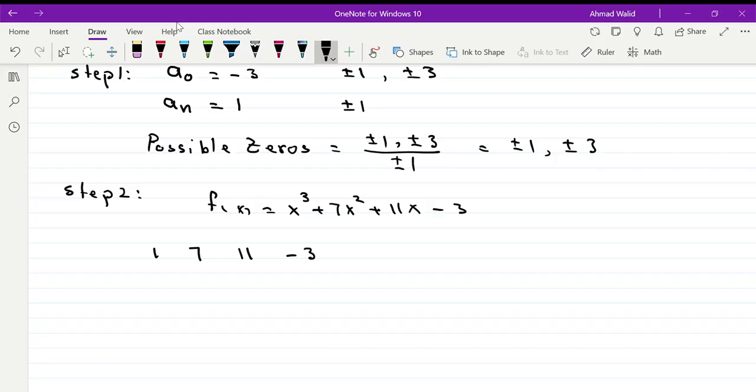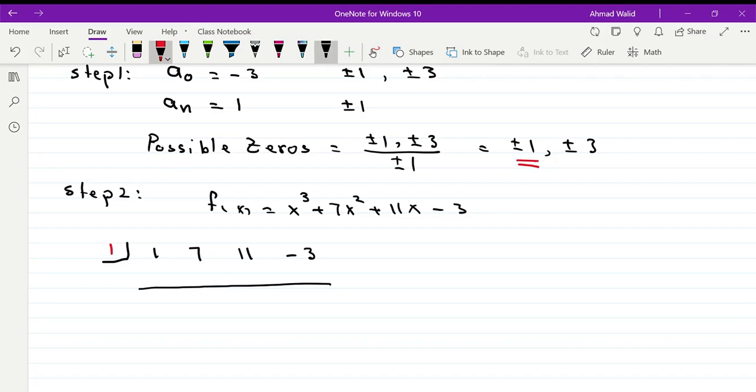Be careful. Here I saw x cubed, x squared, x. Okay, everything is there, so I just listed them. But some polynomials have missing terms, correct? Be careful with the missing ones. Divide by one of your possible zeros. For example, let's use +1 first.